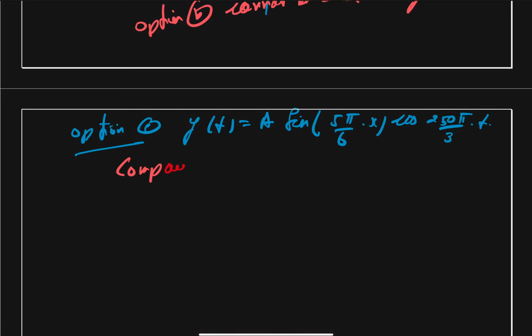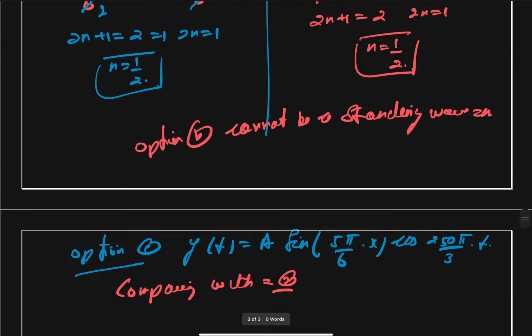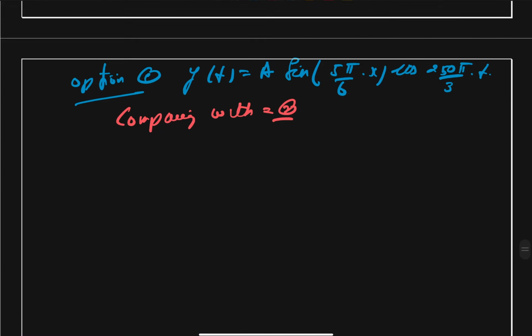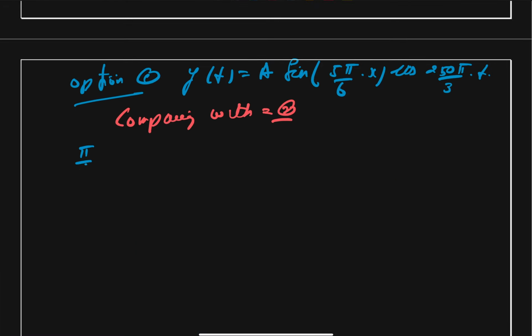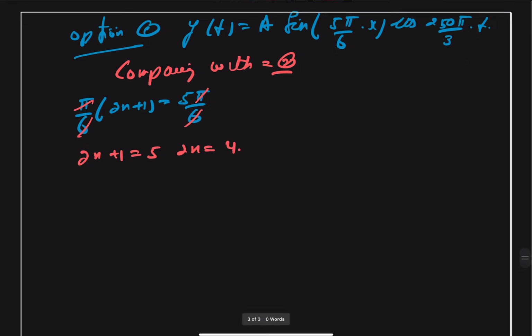Comparing with equation 2, we can write this as 5 pi by 6 plus pi by 6 (2n plus 1) is equal to pi by 6. Pi goes with pi, 6 goes with 6, and we are left with 2n plus 1 is equal to 5, 2n is equal to 4, so value of n is equal to 2, which is obviously a natural number.